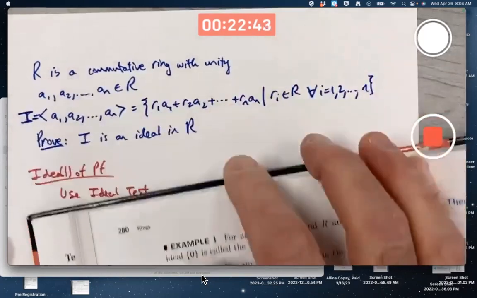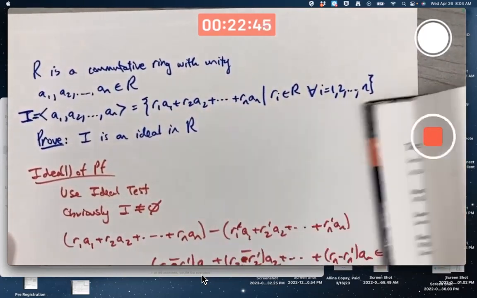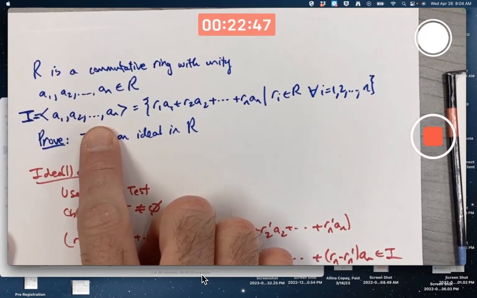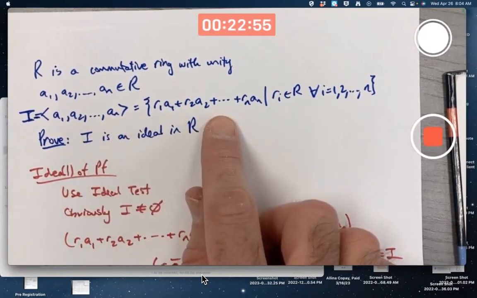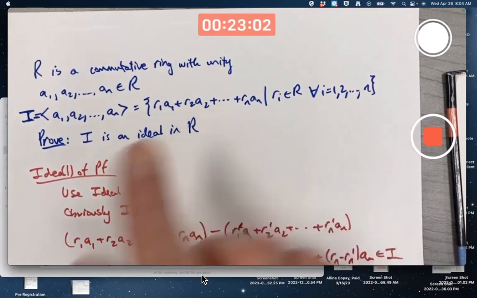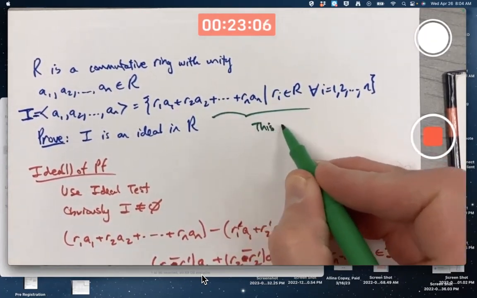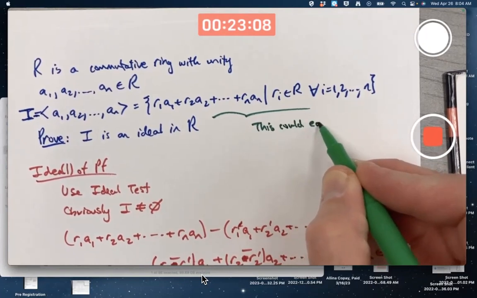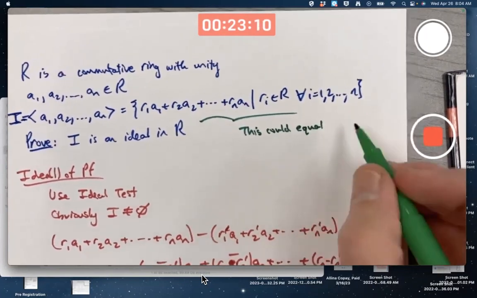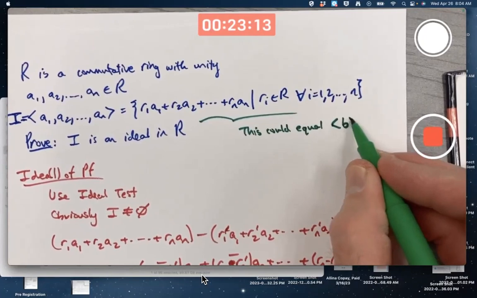So it seemingly is not a principal ideal because we got more than one element if n is greater than 1 here. However, little word of warning, it could be a principal ideal still. It's possible that we could find some other element, call it B. This could equal the principal ideal generated by some individual element.